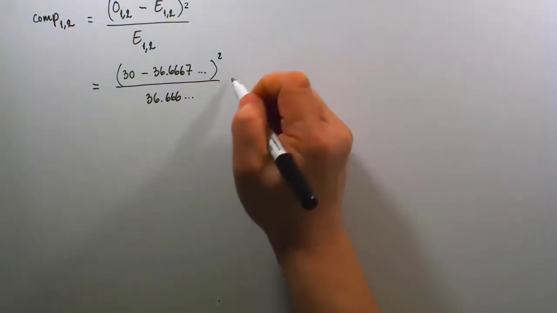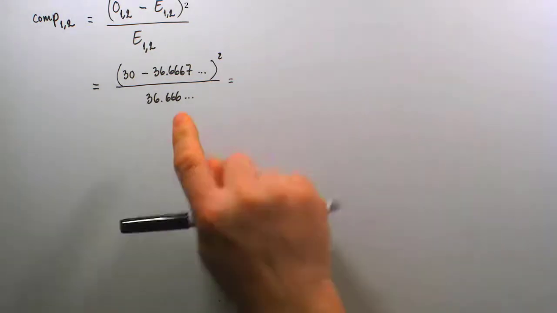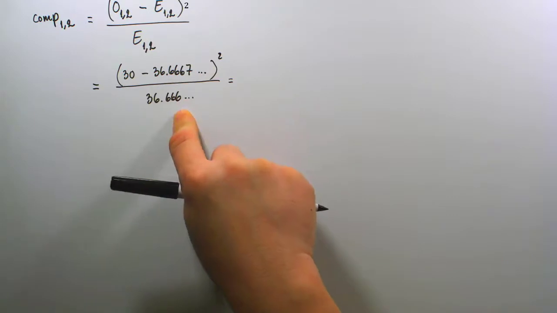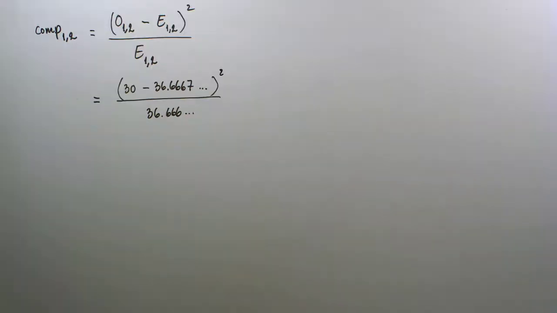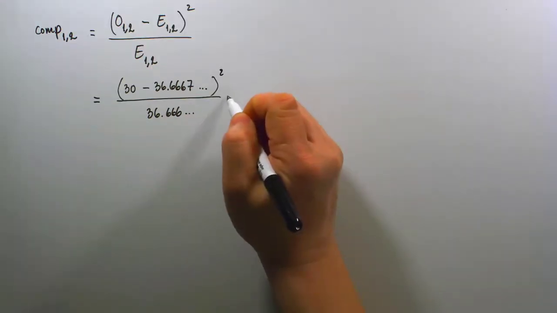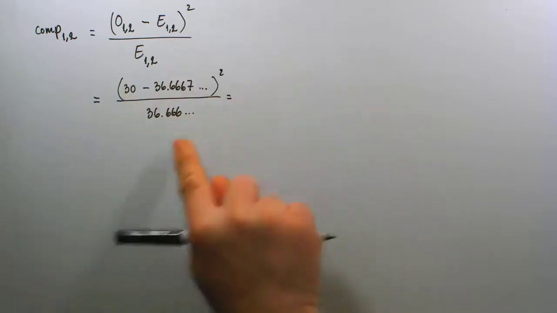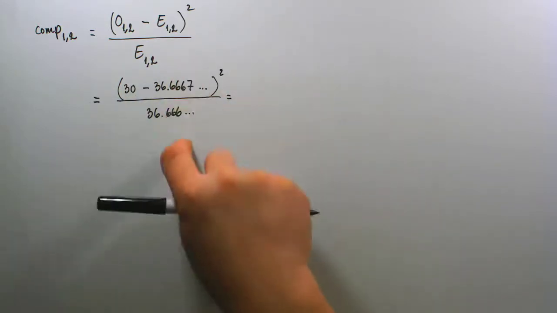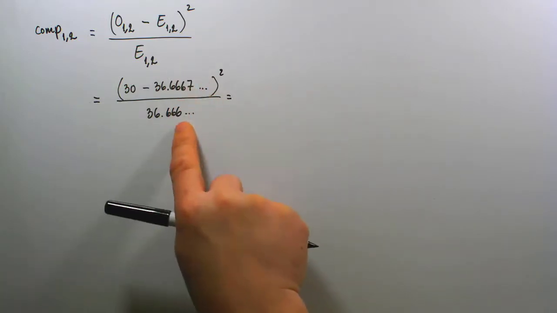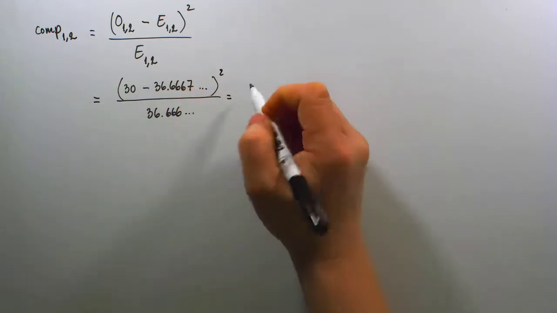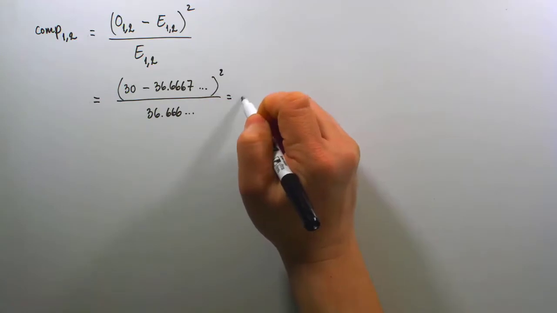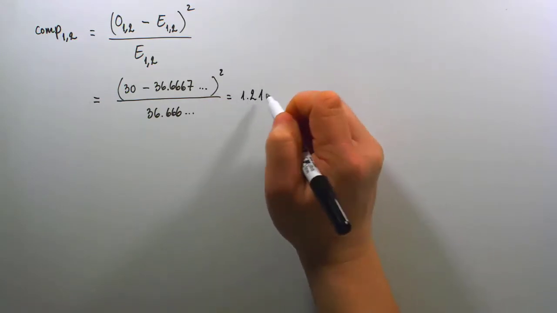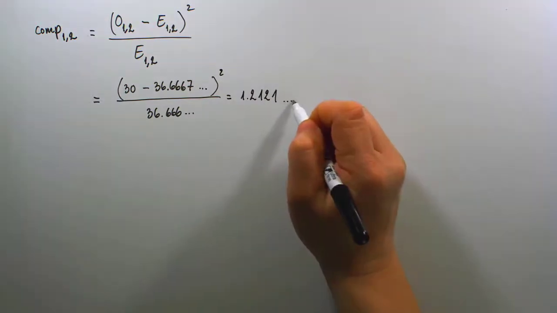So now my final calculation on this expression would come out to be, and again, I'm keeping full precision on each one of these, even though I'm writing only 3 decimals. So the calculation came out 1.2121, and a lot longer.